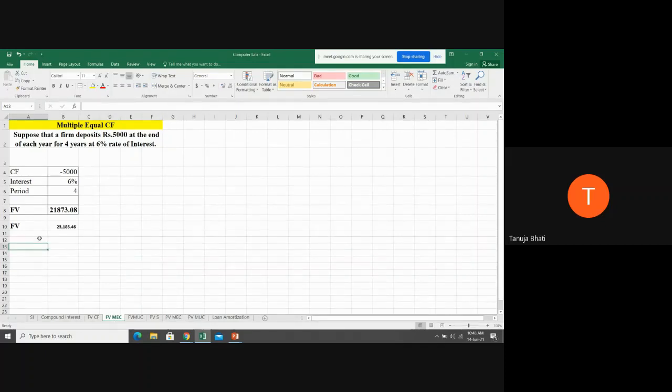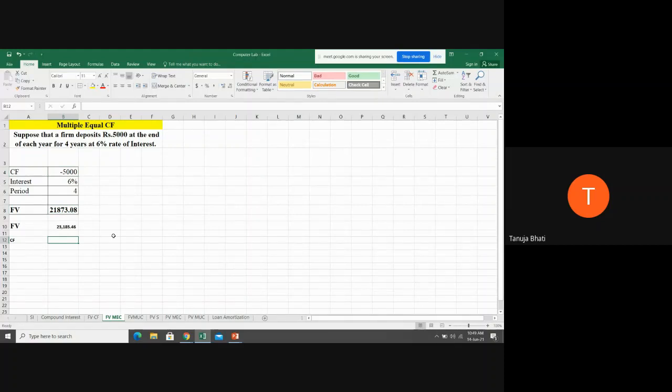Suppose cash flow was unknown here. I've just altered this, so this is annuity deferred and this was annuity due, what we solved. Suppose I want to find out the cash flow. Cash flow was missing and I want to find out the cash flow. How do I calculate the cash flow using Excel?